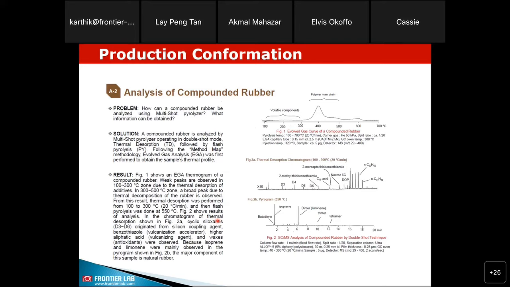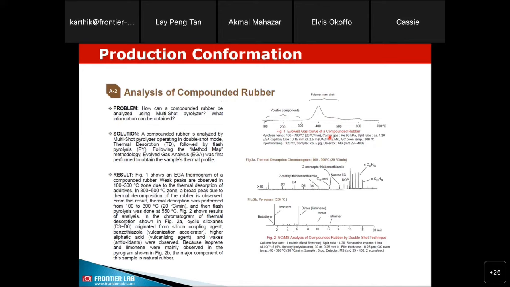So the first step is thermal desorption and the second one is the pyrogram. So how do we know what conditions need to be used? That is generally obtained from this evolved gas analysis. But we also have a general recommendation where you can do it without doing the EGA also, but that is more like a shortcut.